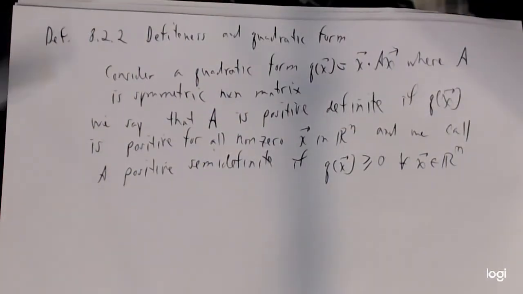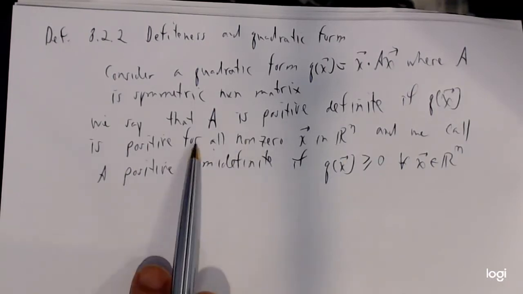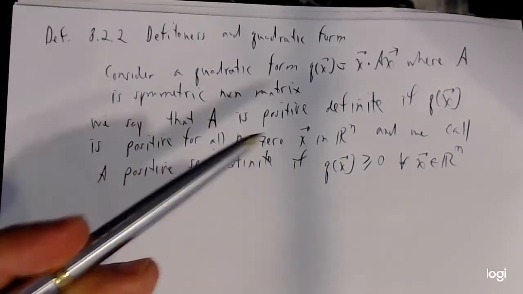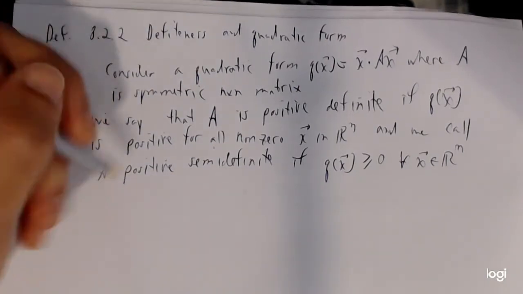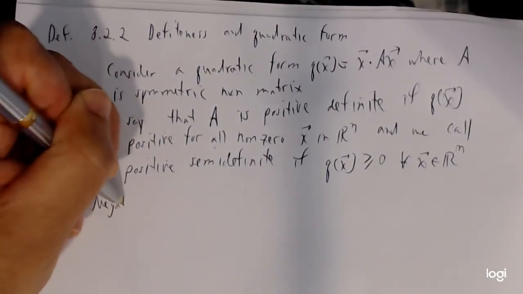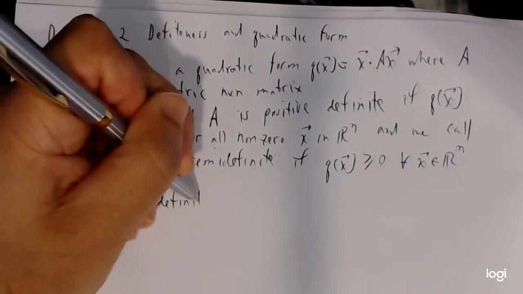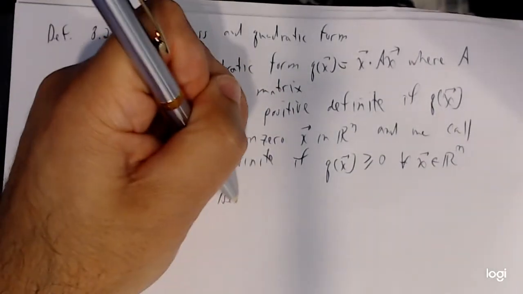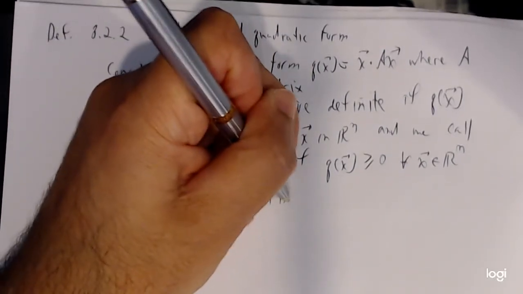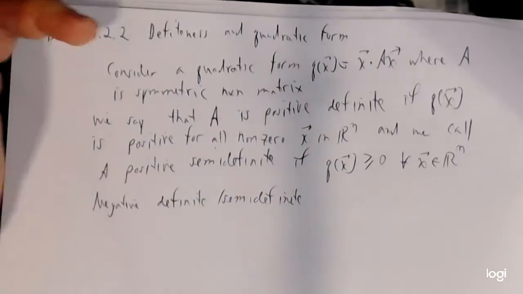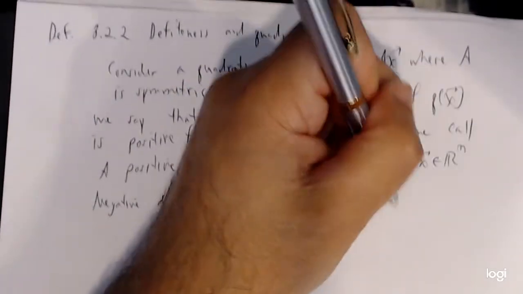If you think about it, example 1 was definitely positive definite, since all the q's were positive for all non-zero x. Negative definite and negative semi-definite are defined similarly.